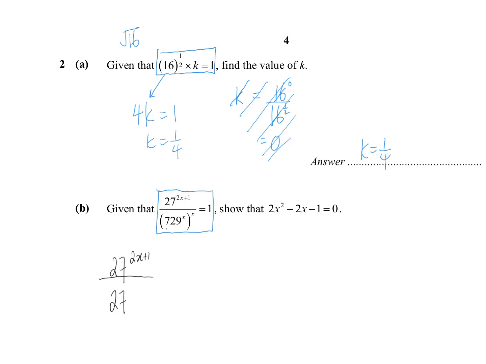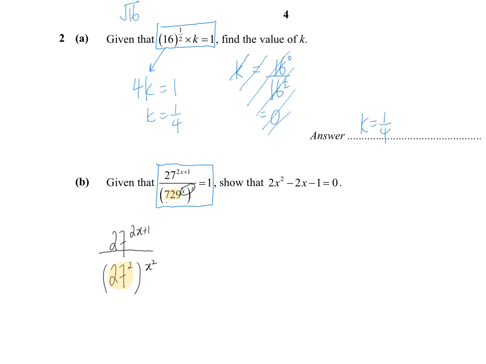Use calculator. 27 squared. Then you have x times x here, which I can change to x squared first. So I'm just changing this 729 to 27 squared. It's the same thing. And then I evaluate the two x squares together.